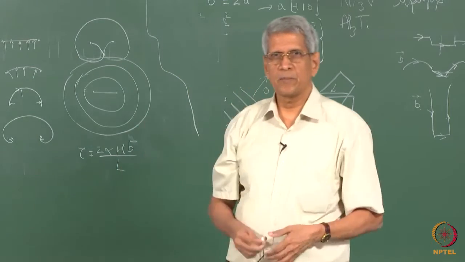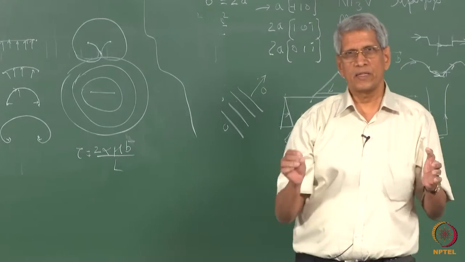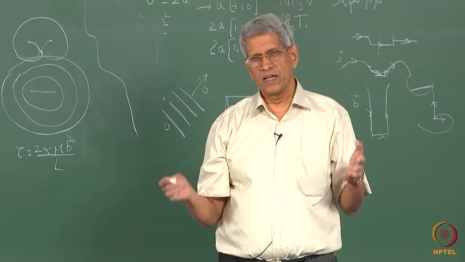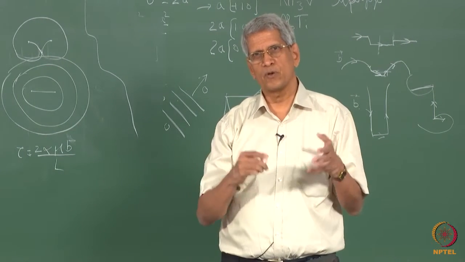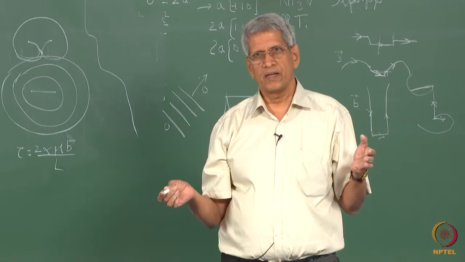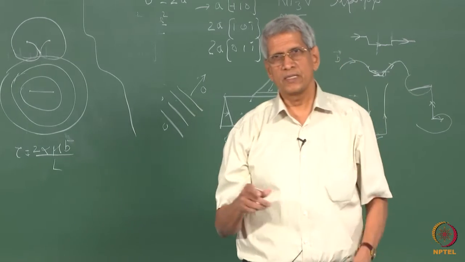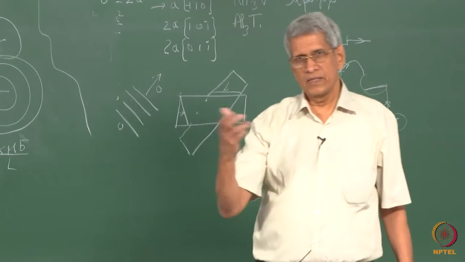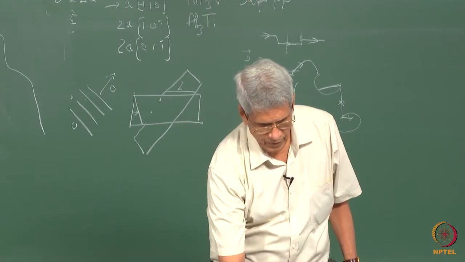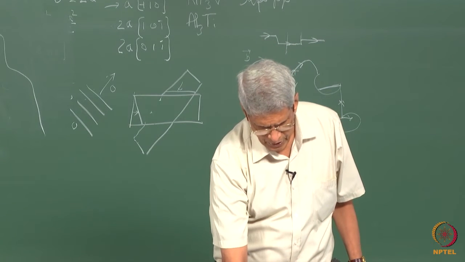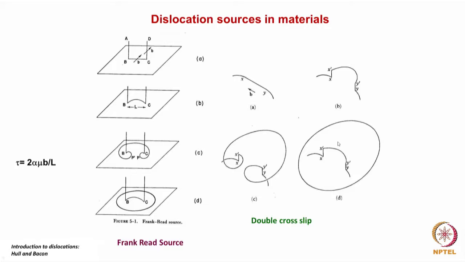That is how dislocation multiplication occurs. Not only that, these dislocations can interact amongst each other in FCC, BCC or HCP. We have looked at all the types of interactions which are possible in the last few classes. This process by which the source is generated is called the double cross slip process.